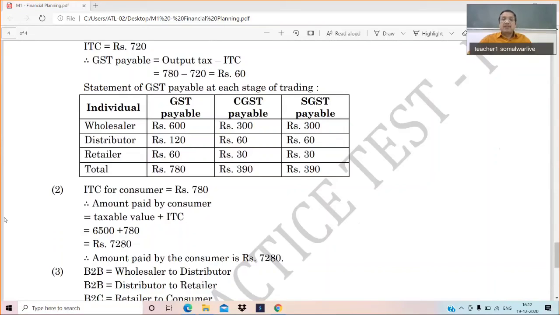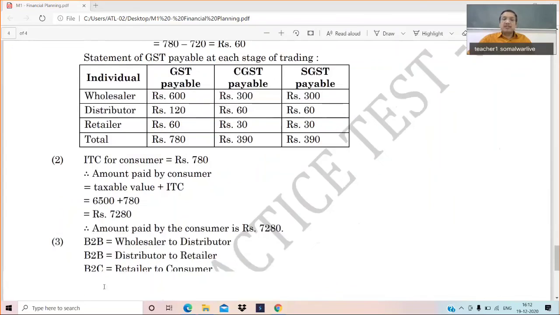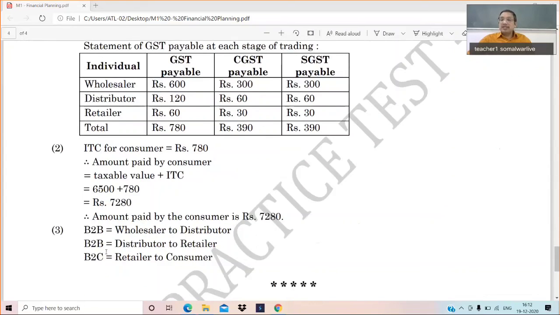You know this. Now here, wholesaler to distributor, both have GST registration. So it will be B2B tax invoice. Between distributor to retailer, again it is B2B tax invoice because both have GST registration and both have GST numbers.